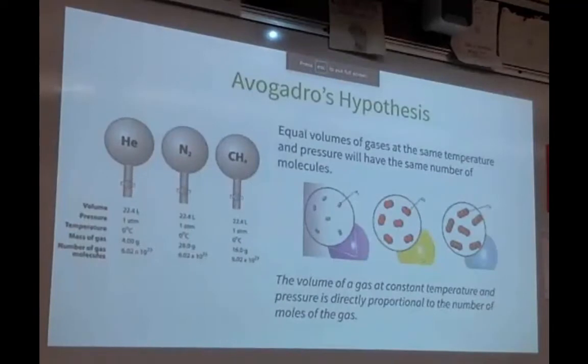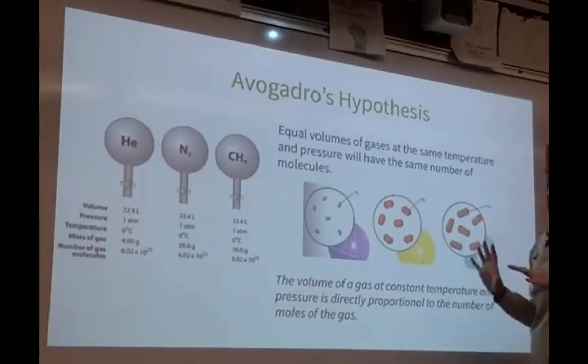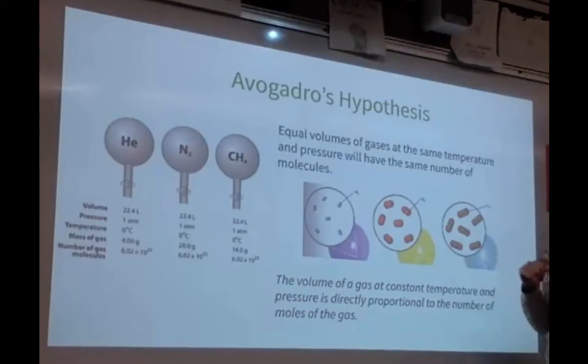So, Avogadro's hypothesis. Right now I'm focusing on the conceptual idea of Avogadro's hypothesis. On the next slide I'm going to show you the combined gas law. We'll go through math stuff together, but for now I want to focus on the concepts.